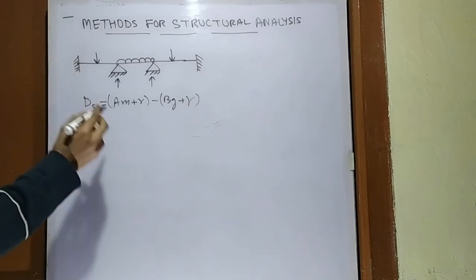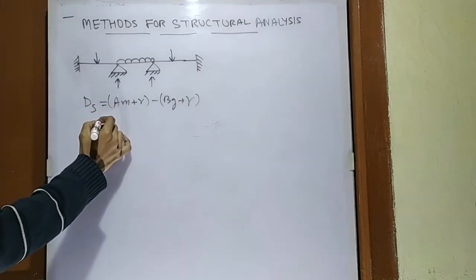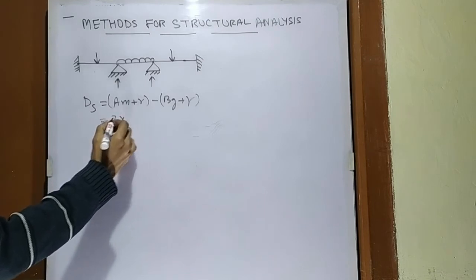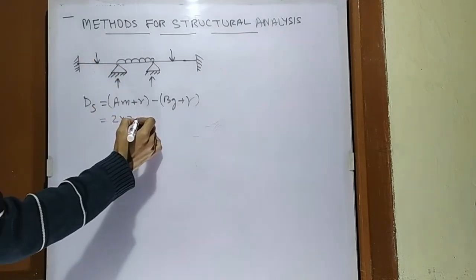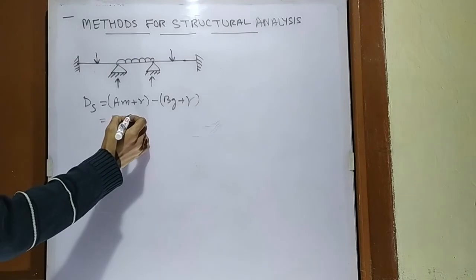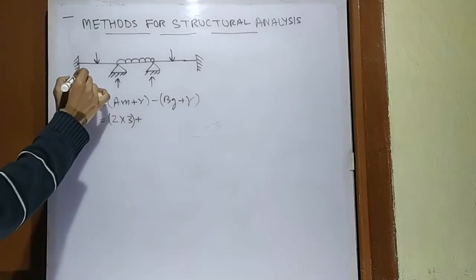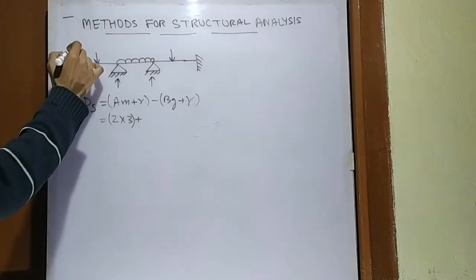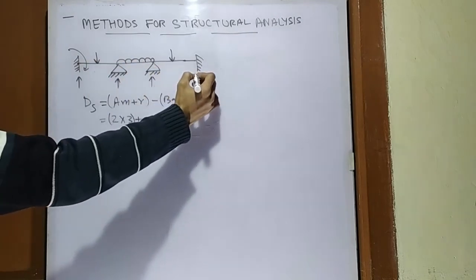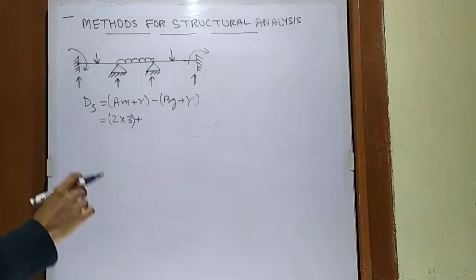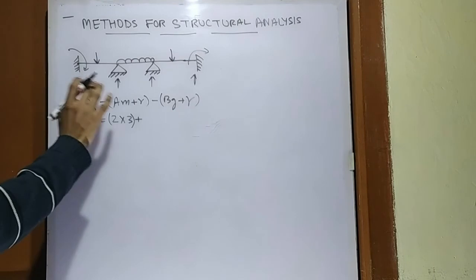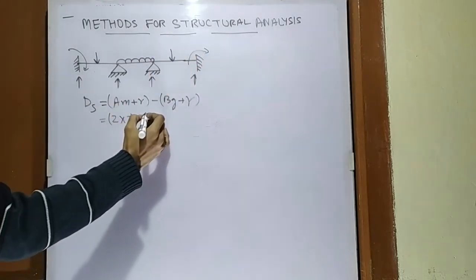Okay, so now the value of A is the same, A was 2, the number of members is also the same, 3, but the number of reactions will be different. There will be one vertical reaction, there will be one moment, there will also be one vertical reaction, and also a moment. So 2 3 4 5 6 reactions are there.